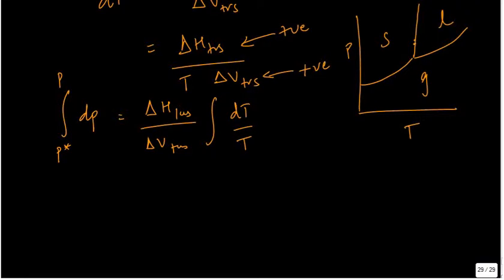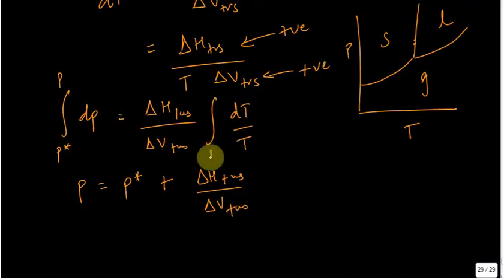And if I integrate, I would get P minus P star equals delta H fusion by delta V fusion, and dT by T would be log T, from T star to T, right? So that would be log of T by T star.